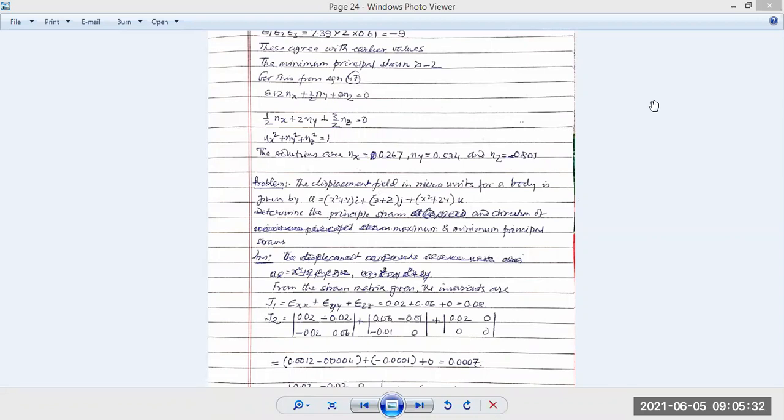The displacement vector is given as u = x square y i + (3 + z) j + (x square + 2y) k, so ux is equal to x square y, uy is equal to 3 plus z, and uz is equal to x square plus 2y.